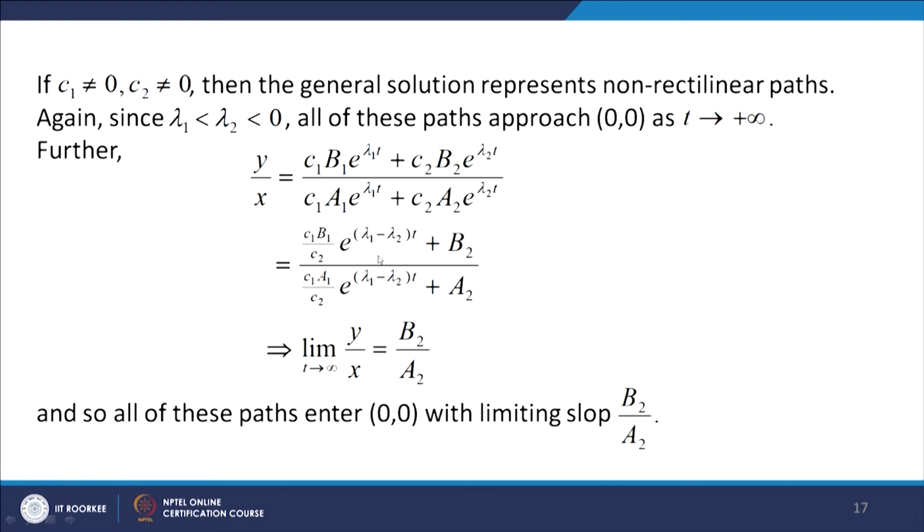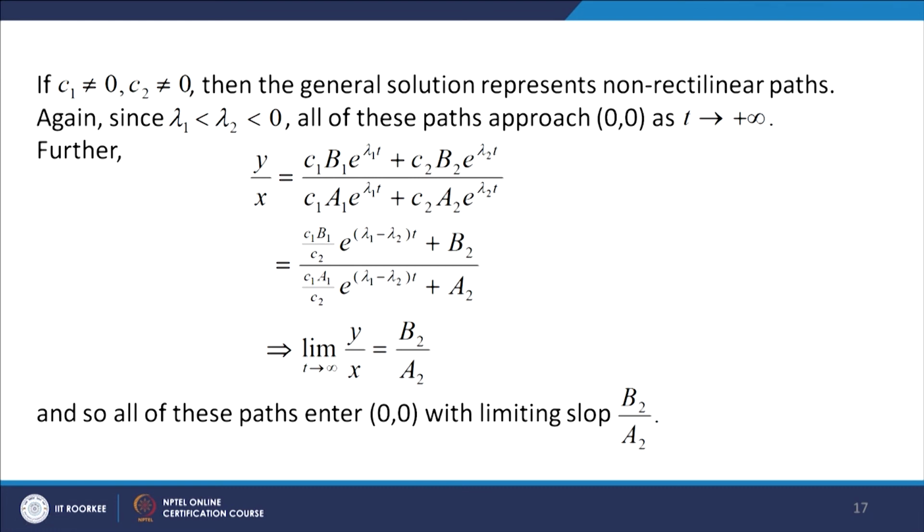As t goes to plus infinity, e to the power (lambda 1 minus lambda 2) t goes to 0, and so this part goes to 0, this part goes to 0, and therefore the limit of y over x as t goes to infinity is equal to b2 by a2. So, all these non-rectilinear paths enter (0,0) with limiting slope b2 by a2.